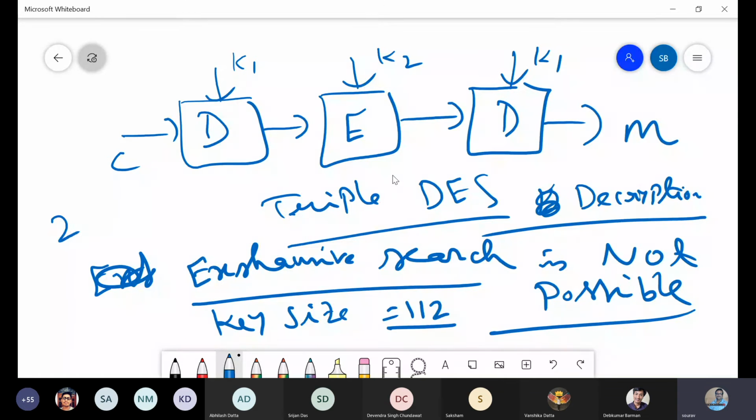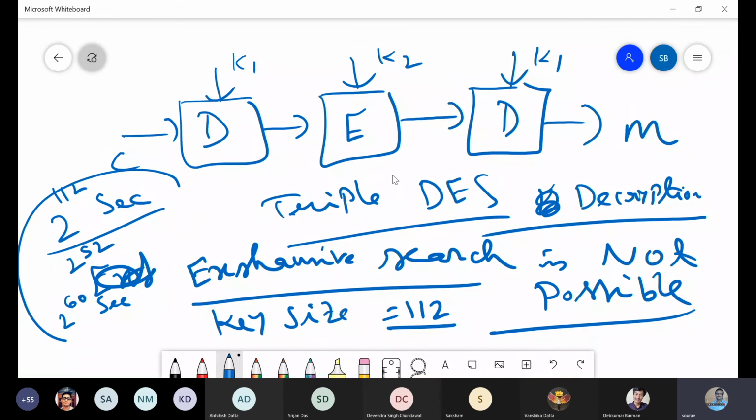It will take 2 to the power 112 seconds. Even if we have, say, 2 to the power 52 processors, it will reduce to 2 to the power 60 seconds. That is also huge. So it's very difficult to build such hardware, or to do it in software.